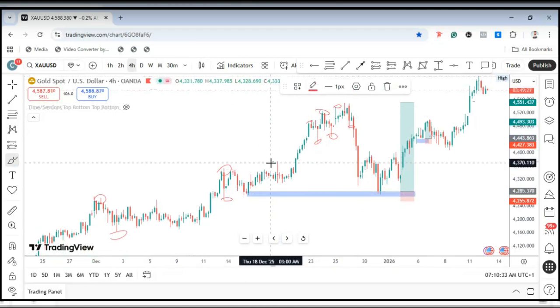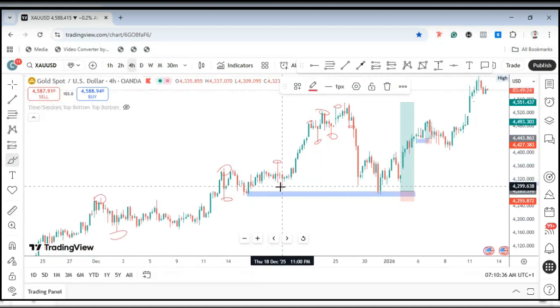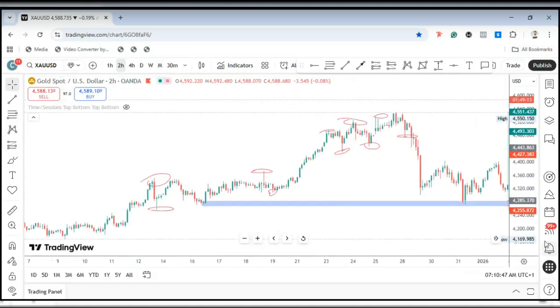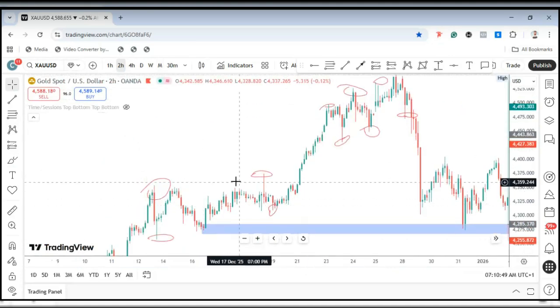In fact, we also have higher high and higher low. Because if you go to, let's say, 2 hours, it will be much more legible. You can see it clearly here now, right?